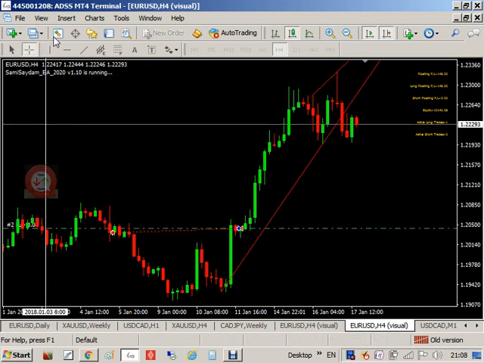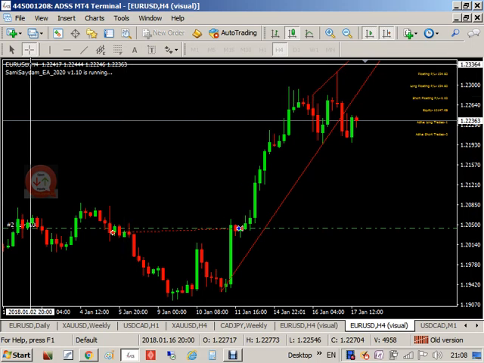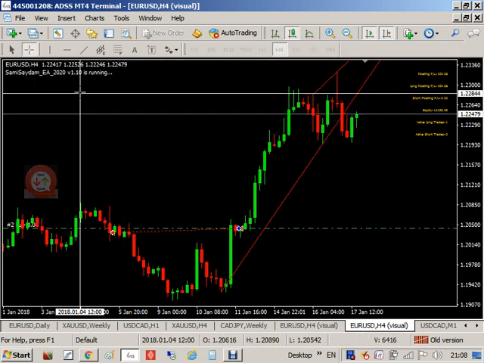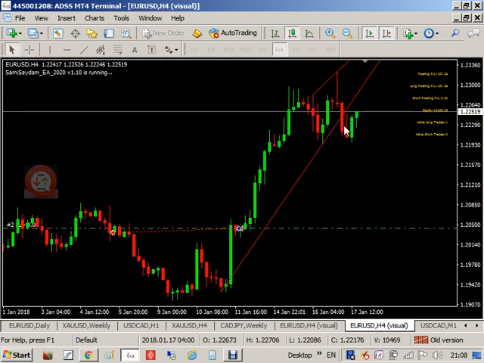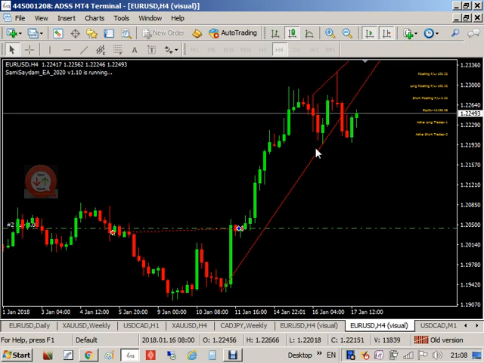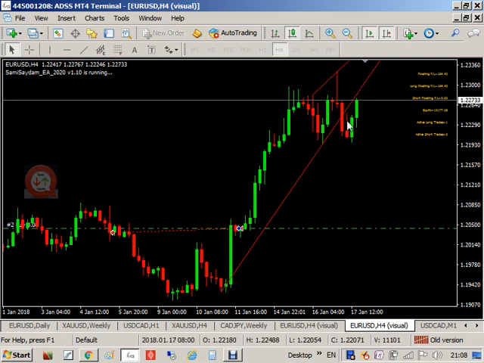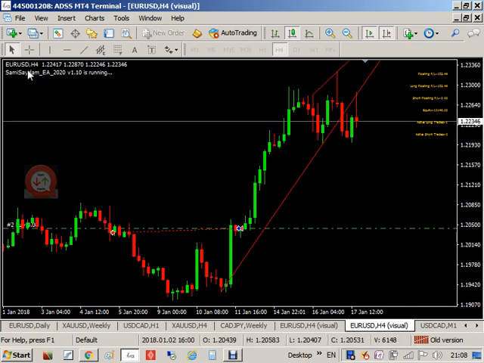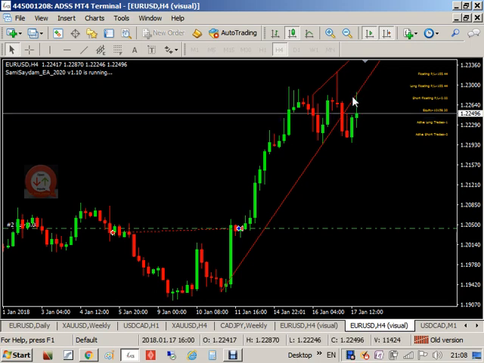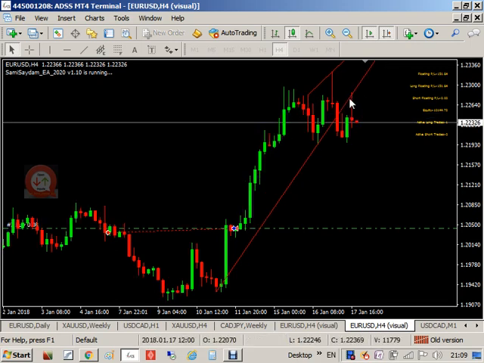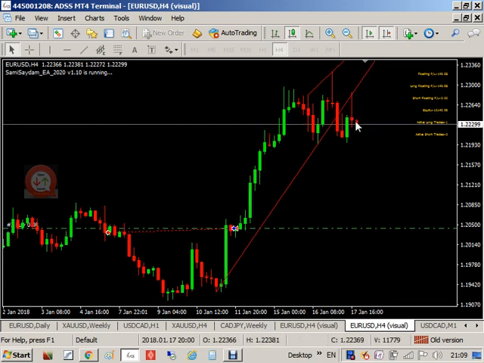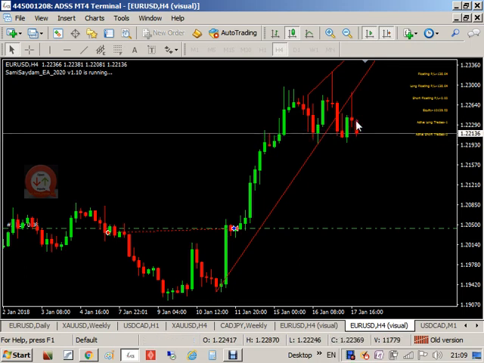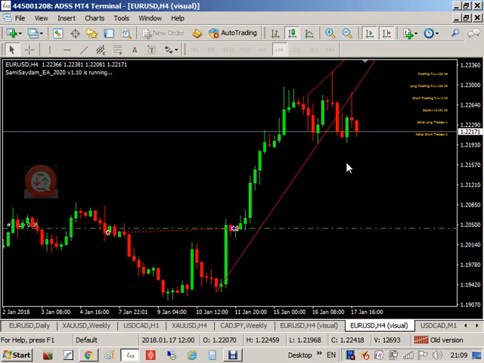You see here, it's breaking the support, so it became resistance. Okay, so in this area on 4 hours the euro US dollar is touching the support, I mean resistance, and going down. You see, it is demonstrating itself.